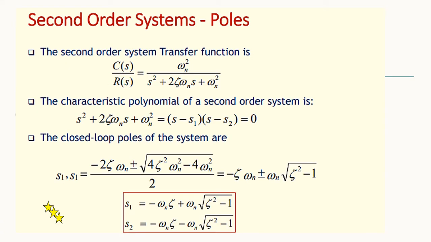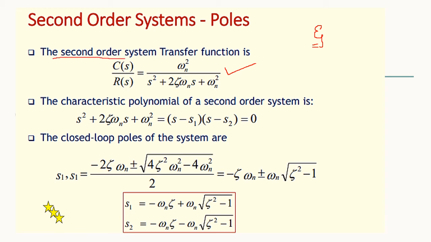Now this is a very important slide for second order system. If I want to know the variation of zeta, that is the damping ratio, then I should know the roots of the equation of a standard second order system.